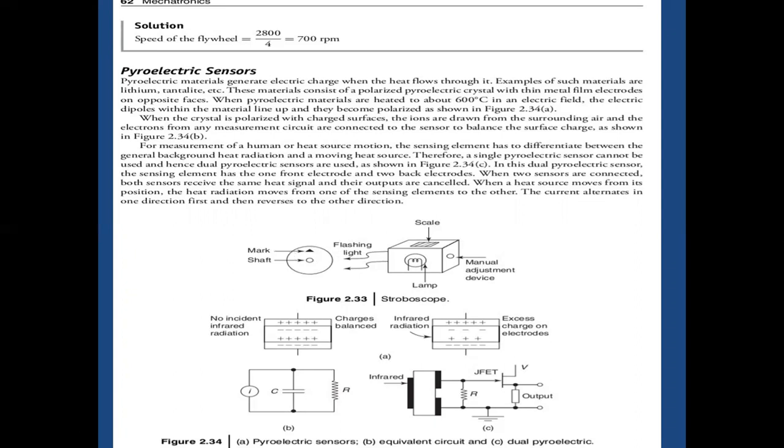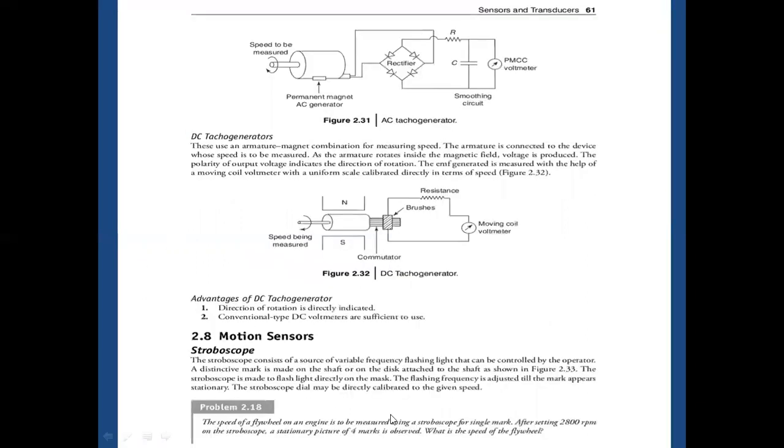So we put a mark on the shaft, and then we have a differentiated frequency of light. Next, the stroboscope is made to flash light directly on the mark, so we allow the entire light onto the mark.